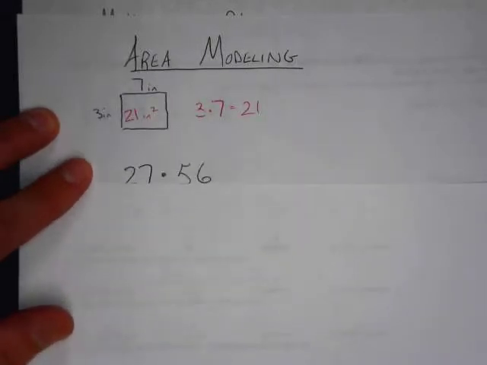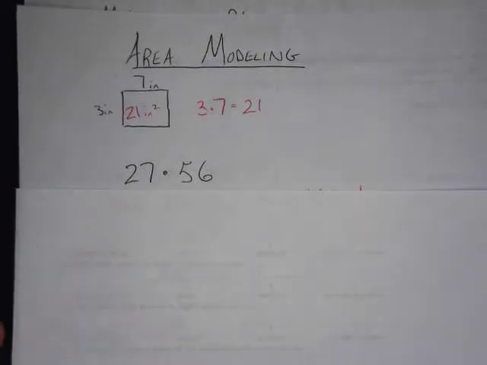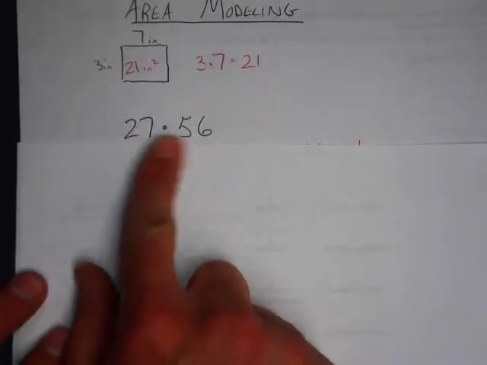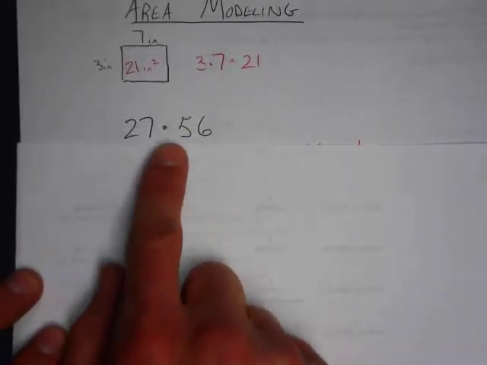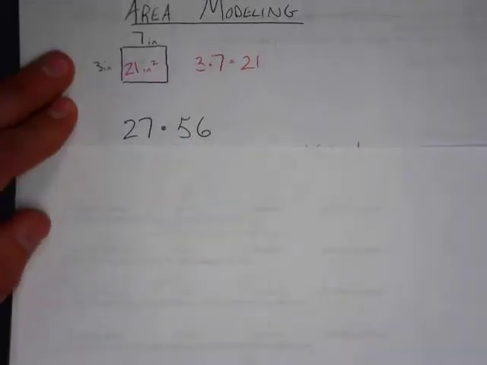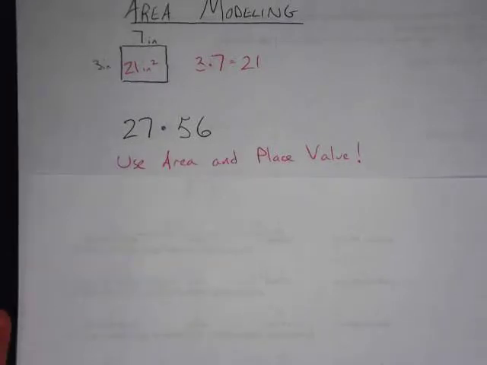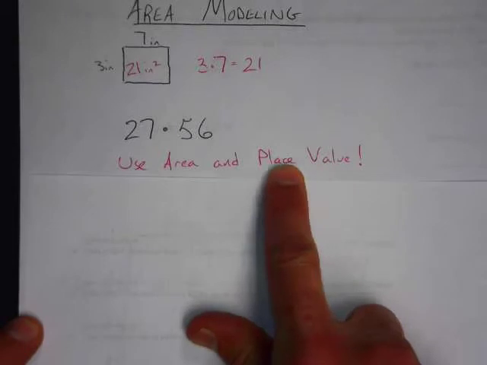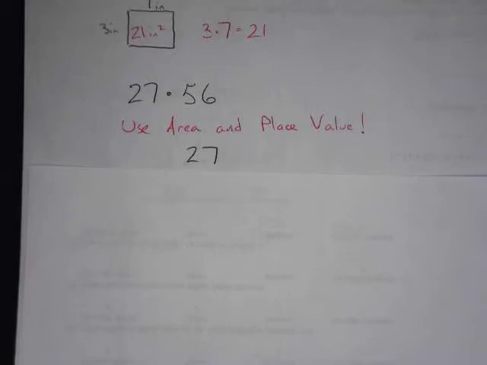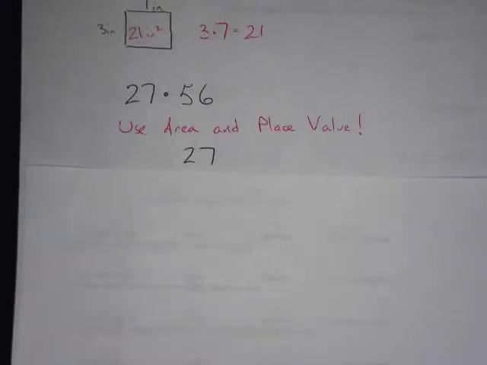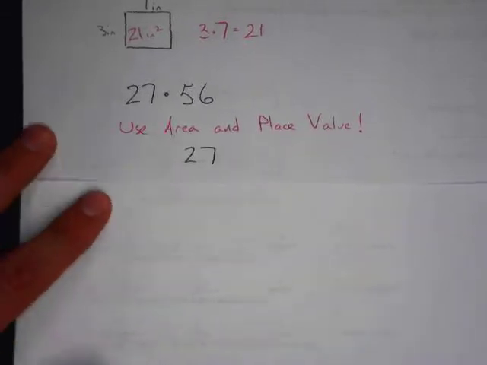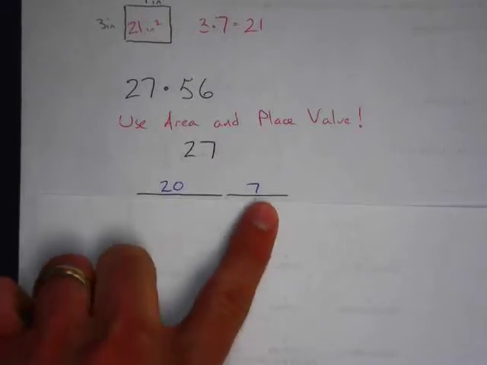Now, the same method can be applied to multiplying some significantly larger numbers. And so if we had a simple multiplication fact to work out, 27 times 56, we can use area to model that process. But if we're going to use area, we also have to use place value. Okay, so we can use area and place value. So take a look. If we have 27 as one of the dimensions, 27 can be looked at in place value as 2 tens and 7 ones.